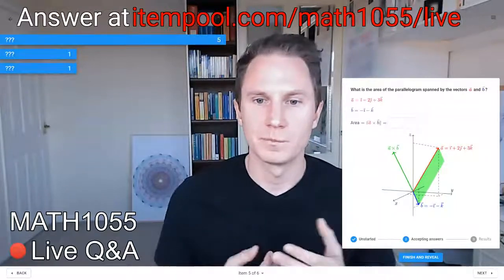And in fact, this is a nice geometric property of the vector product: the length of the vector product is actually equal to the area of the parallelogram spanned by the two vectors whose product you are calculating. So basically, in this problem, what you have to do is calculate the vector product of A and B, and then calculate the length of A cross B.